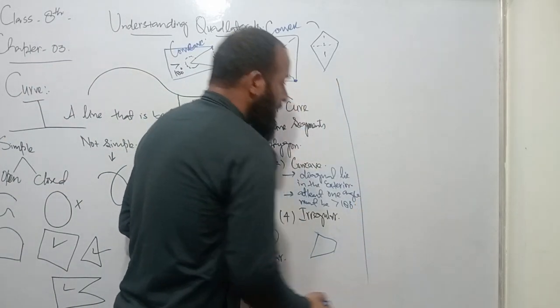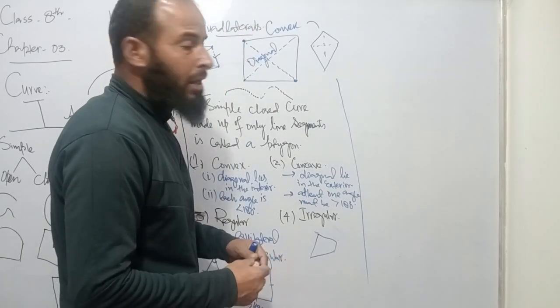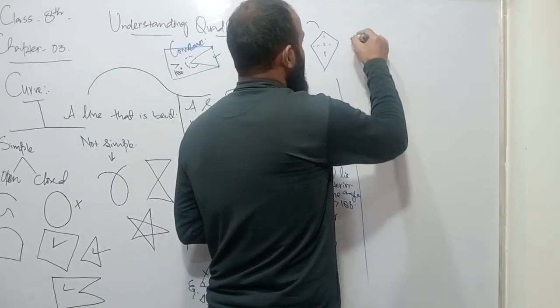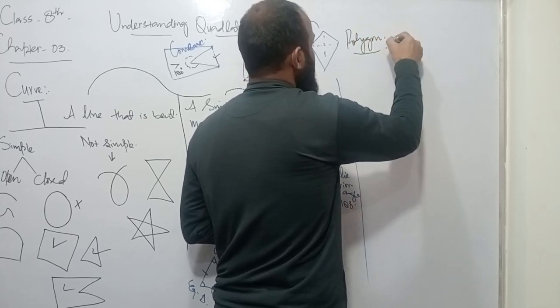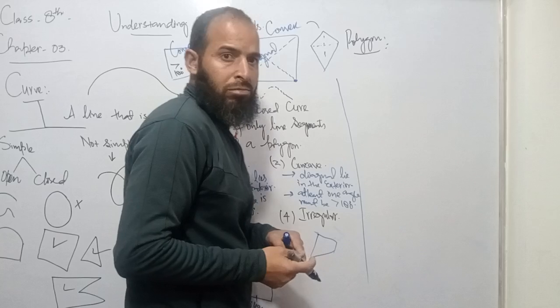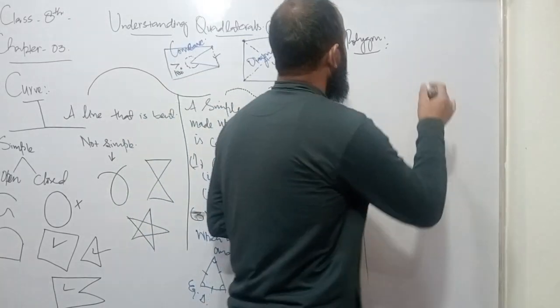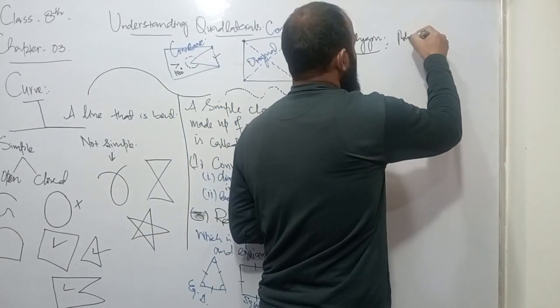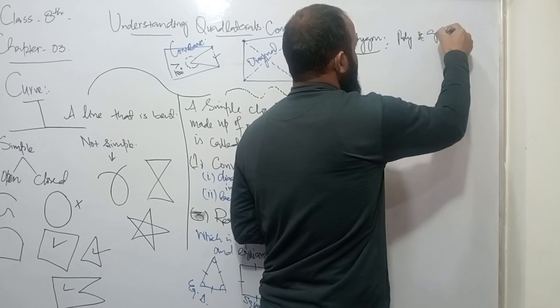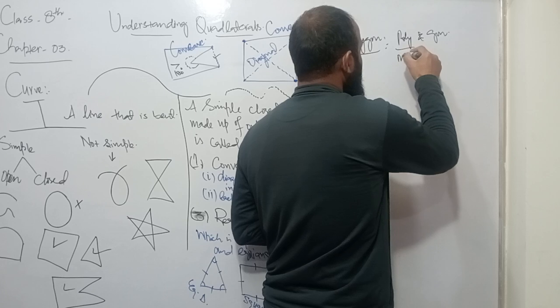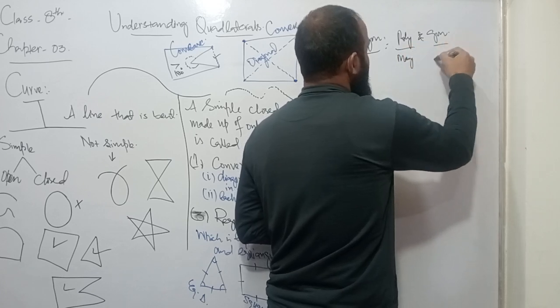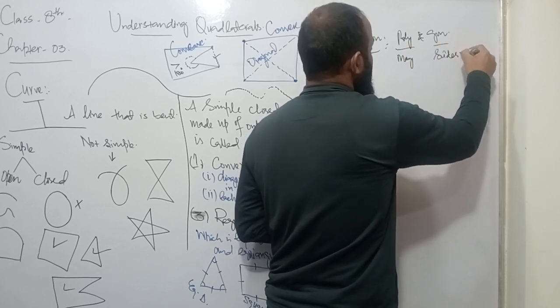Now, depending upon the number of sides, what do we mean by a polygon? Polygon is a combination of two Greek words, poly and gon. Poly means many, and gon means sides.